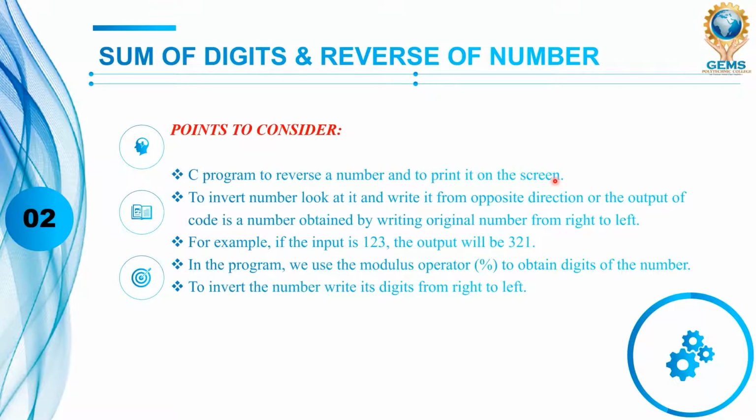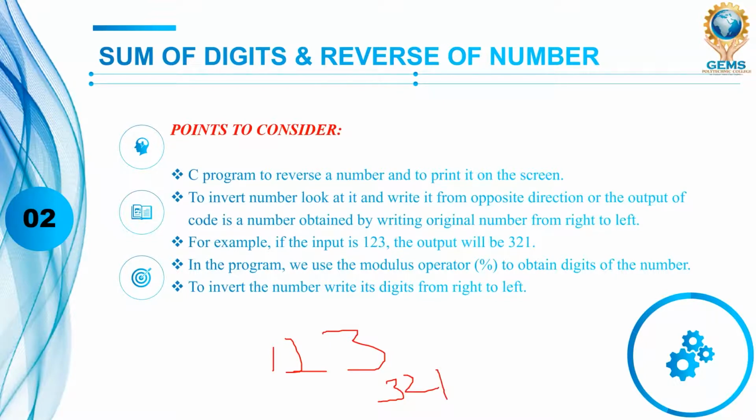That means we are going to reverse and print on the screen. Second point says that we are going to invert a number by looking at it and writing it from the opposite direction. That means if I have written 1, 2, 3, then I will write it in the opposite direction. That means 3, 2, 1.